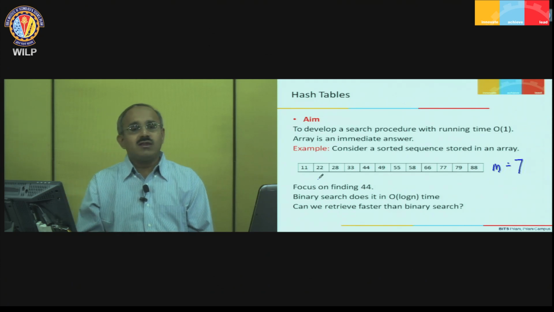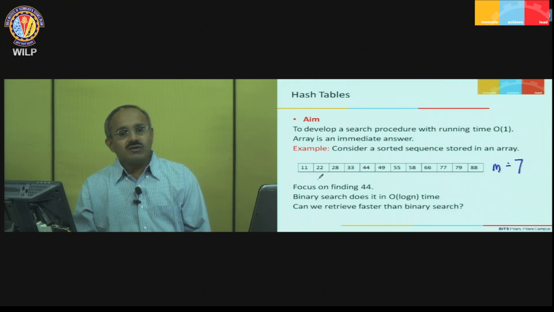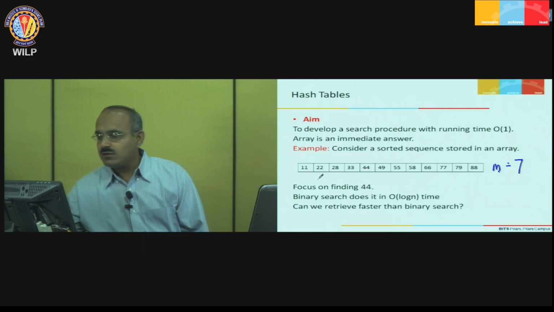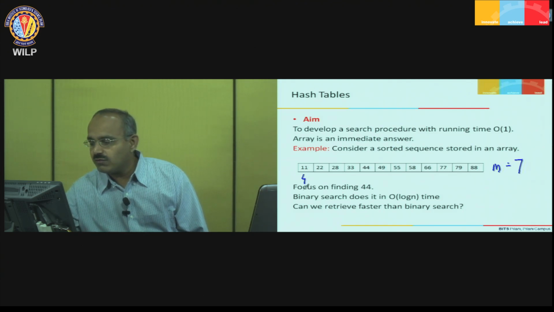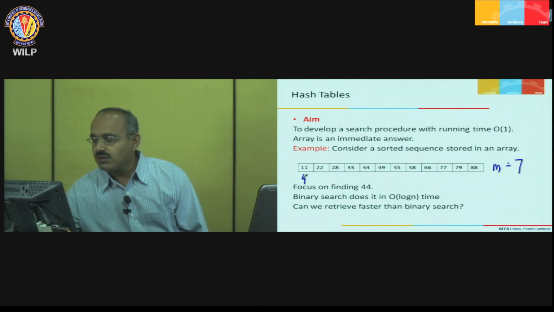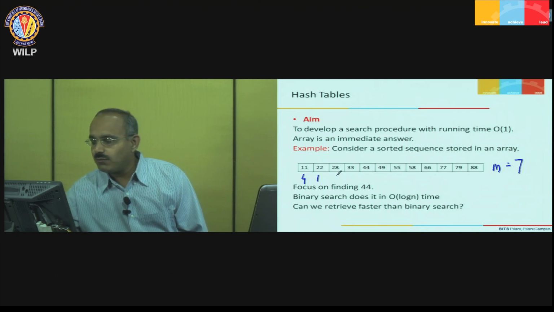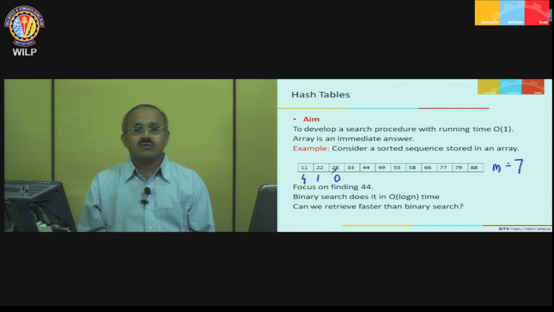Then, all your keys you are going to do the operation modulo m, that is, you will divide by 7 and look at what is the remainder. So, as you divide 11 by 7 your remainder is 4. So, this is mapped to 4. If this is 22, this is going to be mapped to 1. This is going to be mapped to 0 and so forth. Correct?